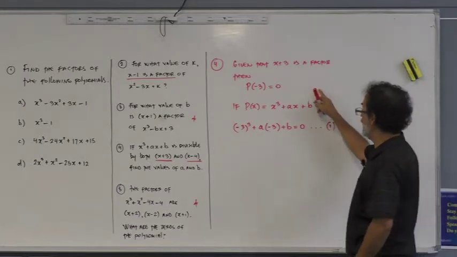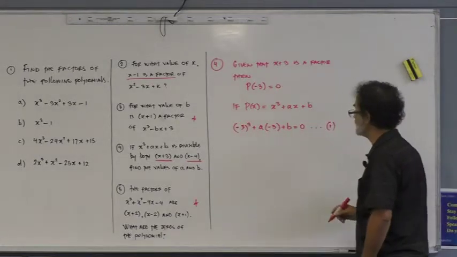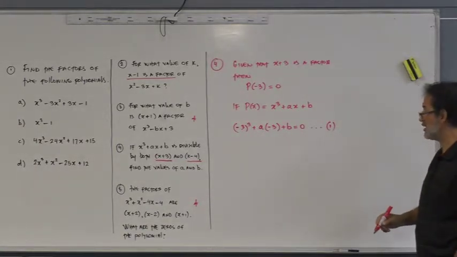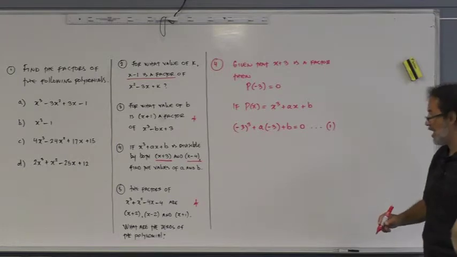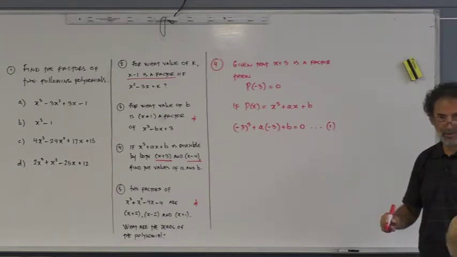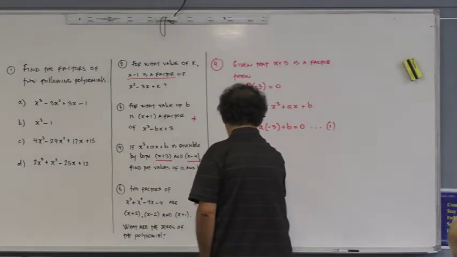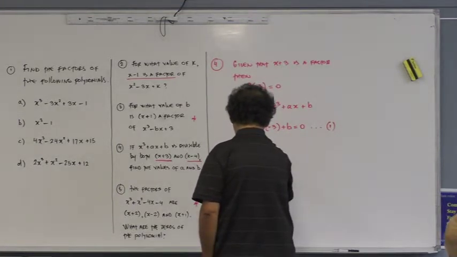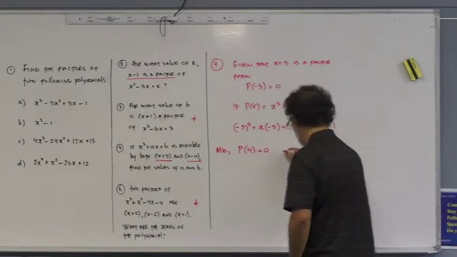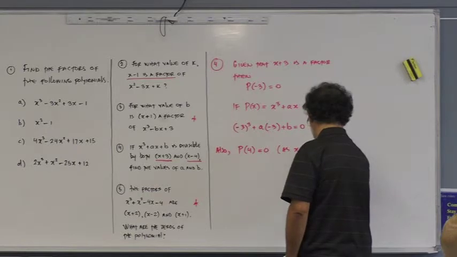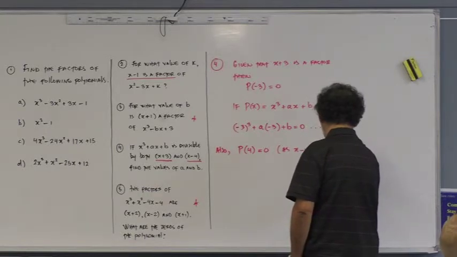Similarly, given that x minus 4 is also a factor, then we can say that p of positive 4 is equal to 0, as x minus 4 is a factor.